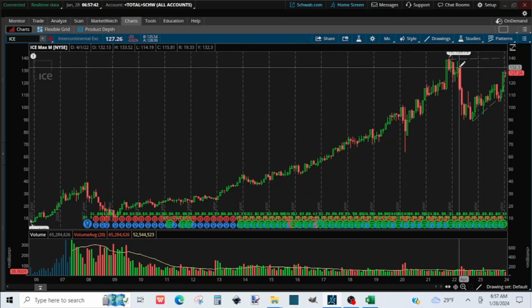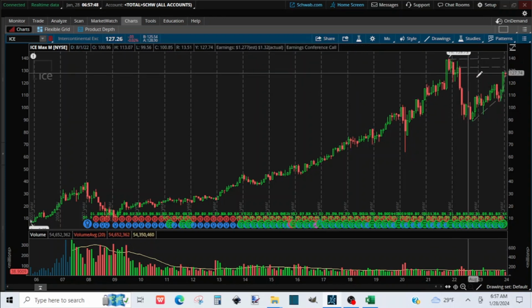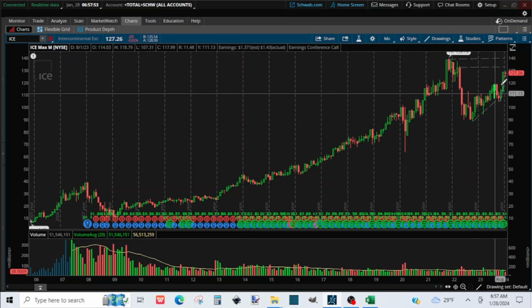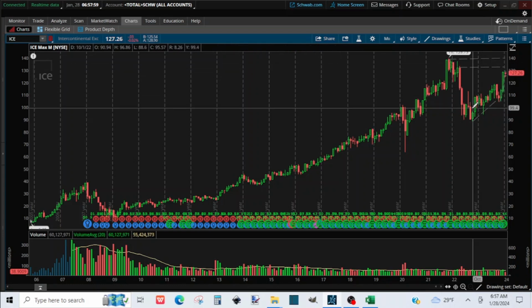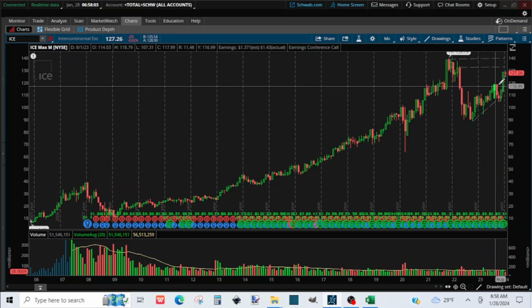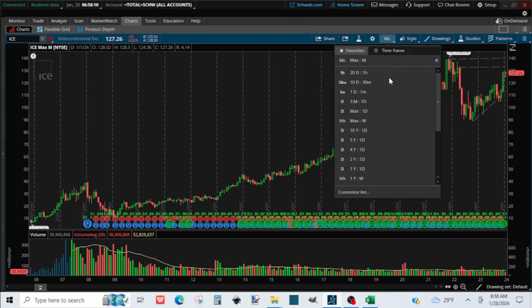We do have one closer, and those are the two that it's trying to overcome. Other than that, it crossed all of those. But my concern is, is it really trying to go up? It's probably not repeating those because it's higher there. So anyway, let's go back to the daily.